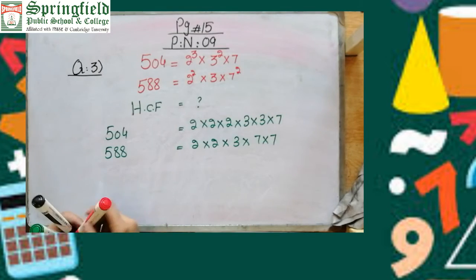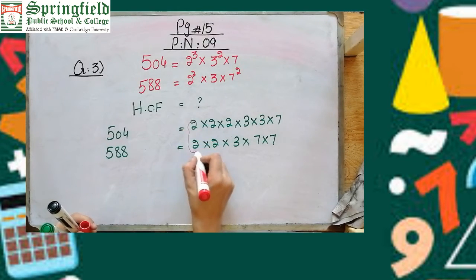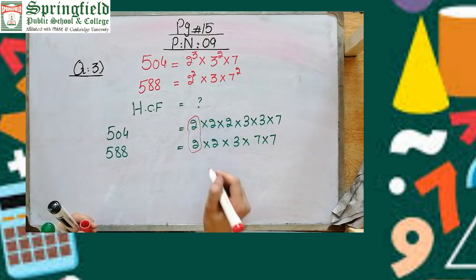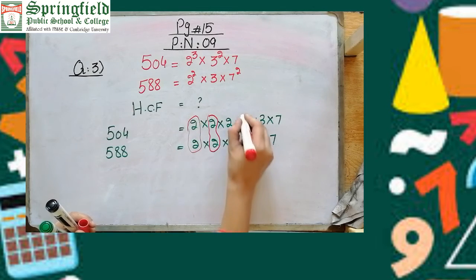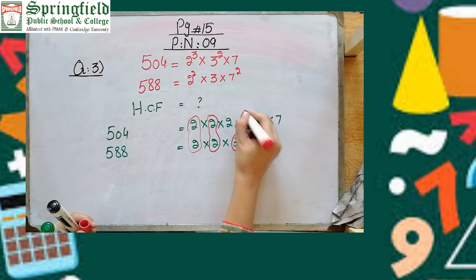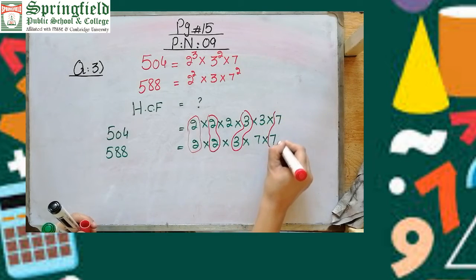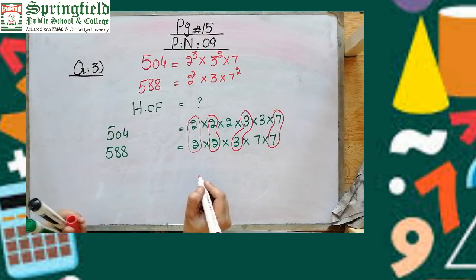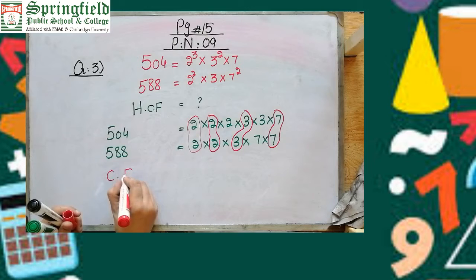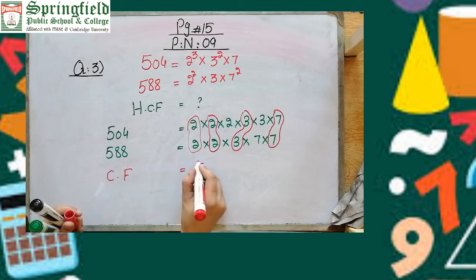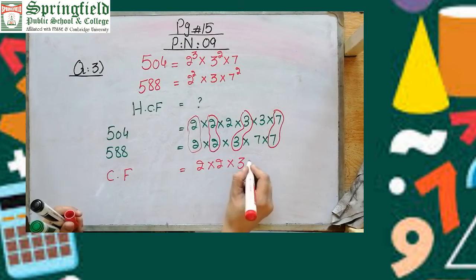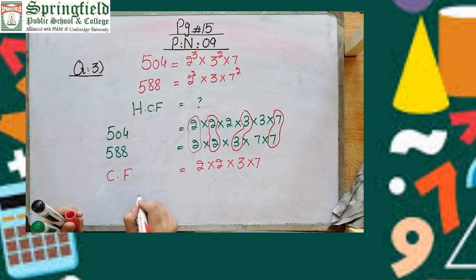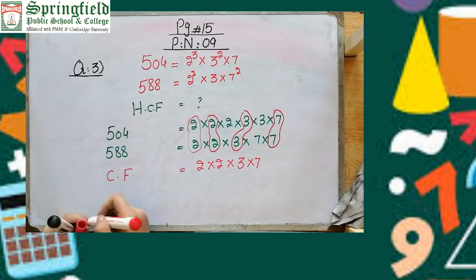Now make common pairs of the factors. 2 is common, again 2 is common, 3 is common, and 7 is common. So write down the common factors: 2 multiply 2 multiply 3 multiply 7. These are the common ones. So what will be the HCF now?